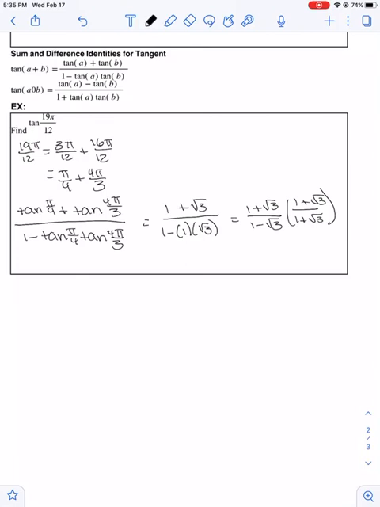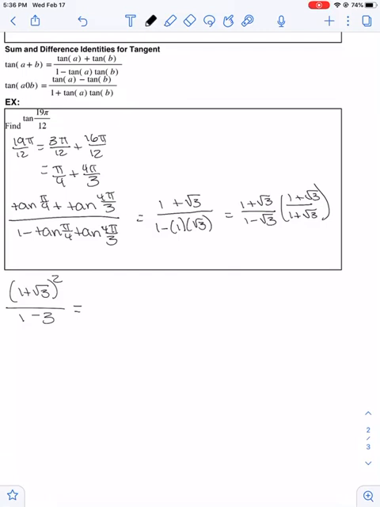When I multiply these together, on the top I have 1 plus square root 3 squared over 1 minus 3. I'm going to multiply 1 plus square root 3 times 1 plus square root 3, and that will give me 1 plus 2 square root 3 plus 3. And then 1 minus 3 is negative 2 in our denominator.